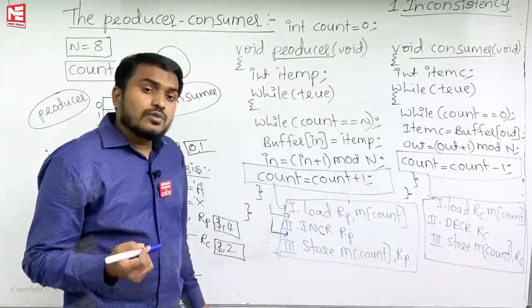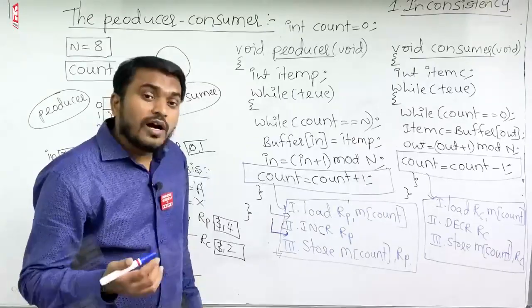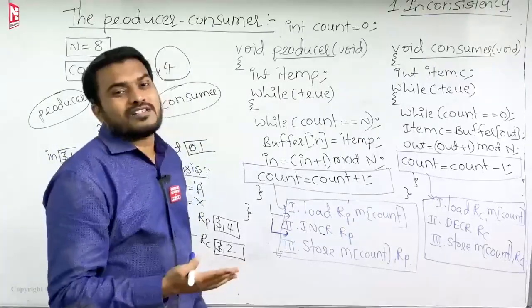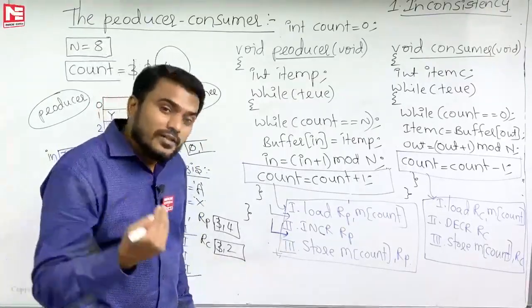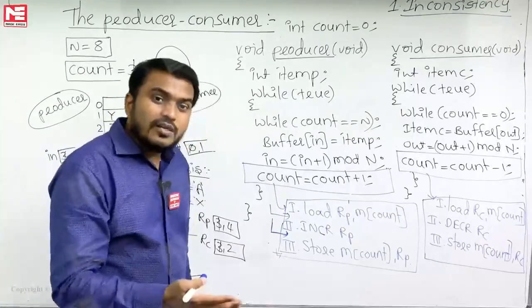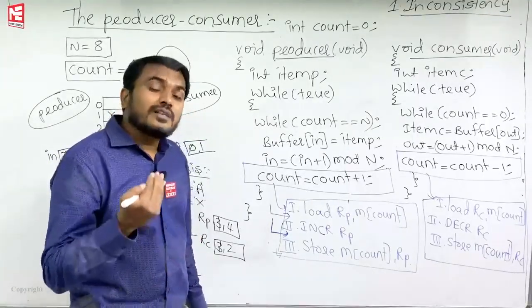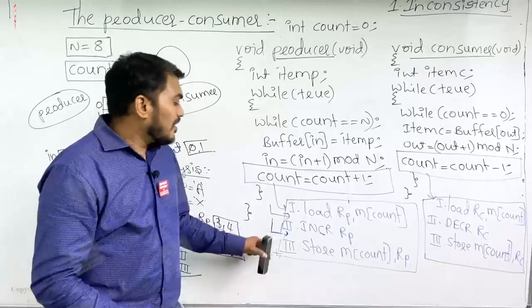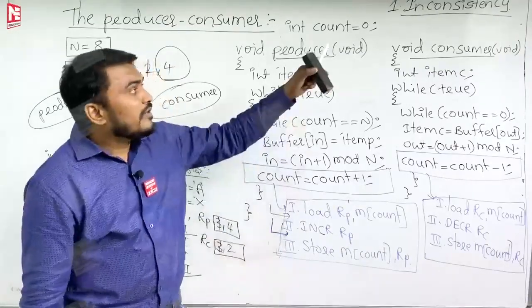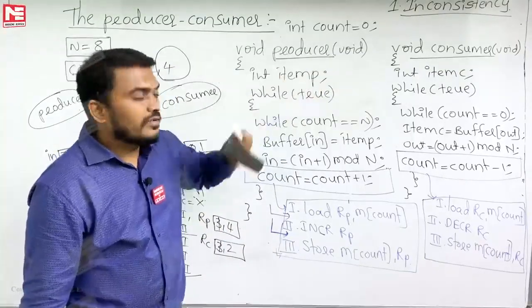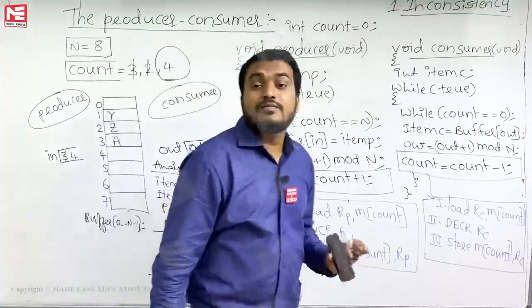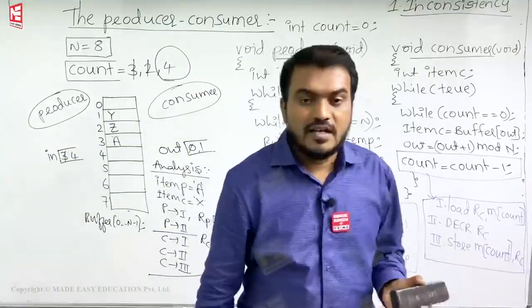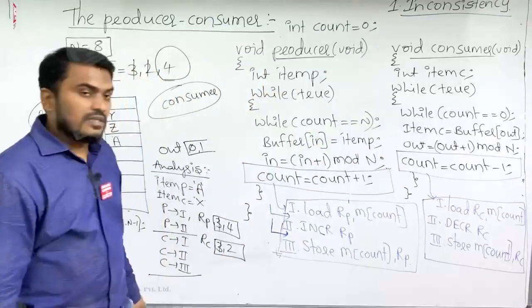But remember, whatever solution you write must be correct in every condition. Whether preemption happens or not, it should work correctly. If preemption happens here, this problem will come. Is that clear? So that problem will arise and the solution will fail. So this is the first problem we are having, inconsistency.